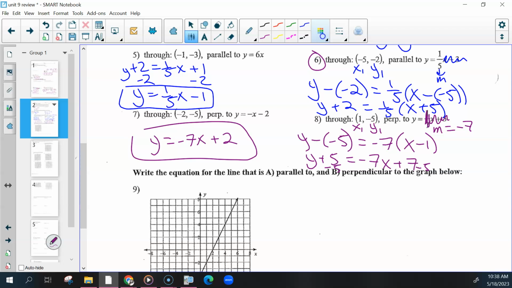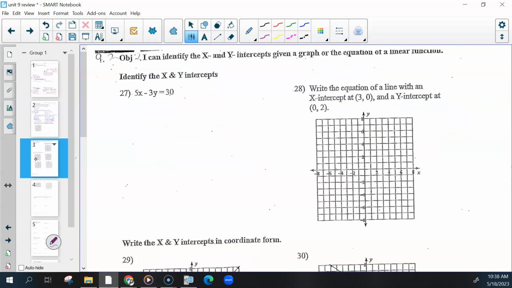Go on to the next page. Your next page is objective 2, your intercepts, and this goes on this page and the next.